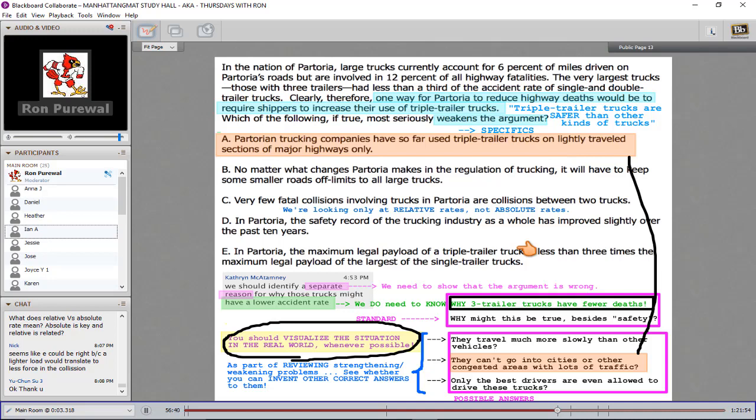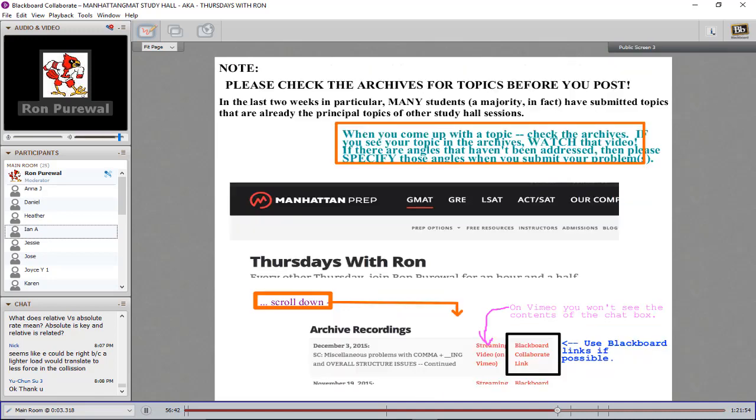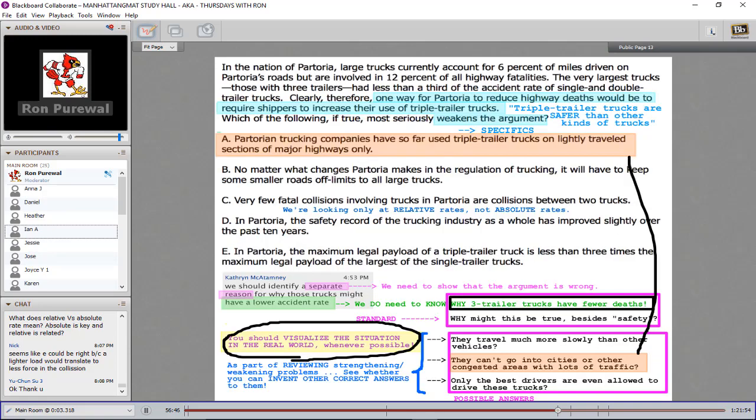Okay. Let's see. Why did we go to that? So this, the maximum legal payload is less than 3 times. The thing is, the way they wrote this choice, it's still heavier than the single trailer truck, right?